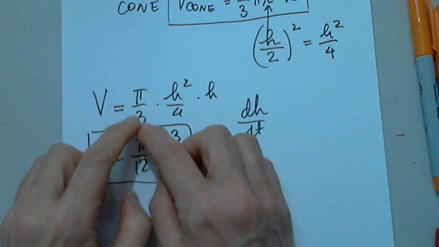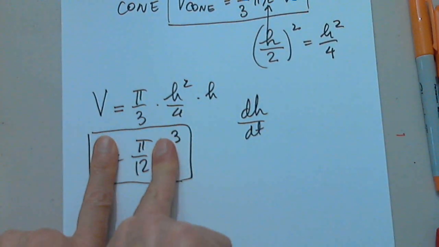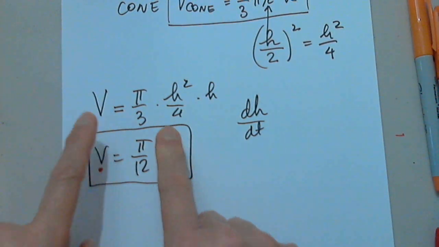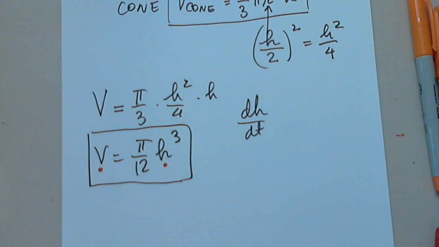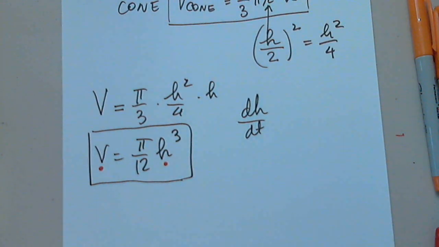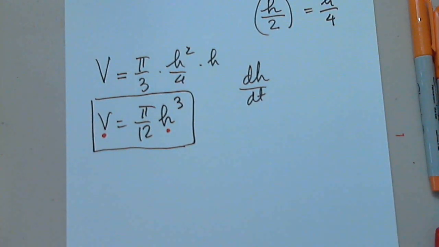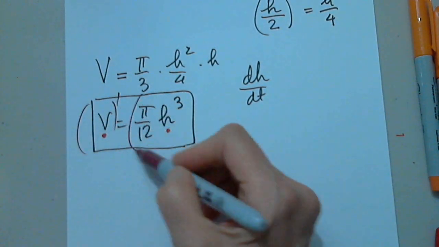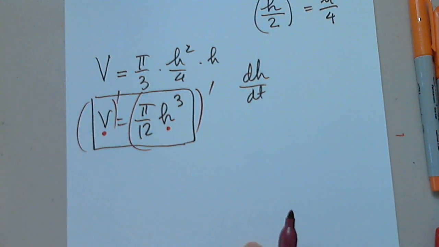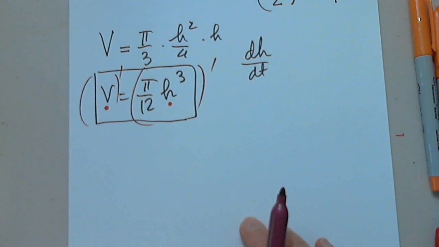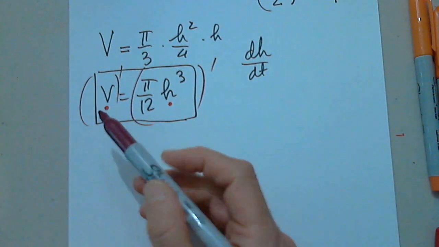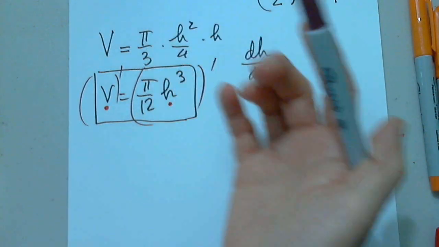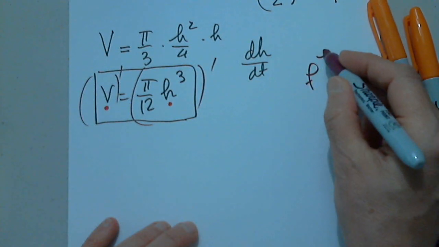I have the equation that relates the functions of time. I want an equation that relates or connects their derivatives. No problem. What do I do? Natural log. No. This is not a function raised to a function.